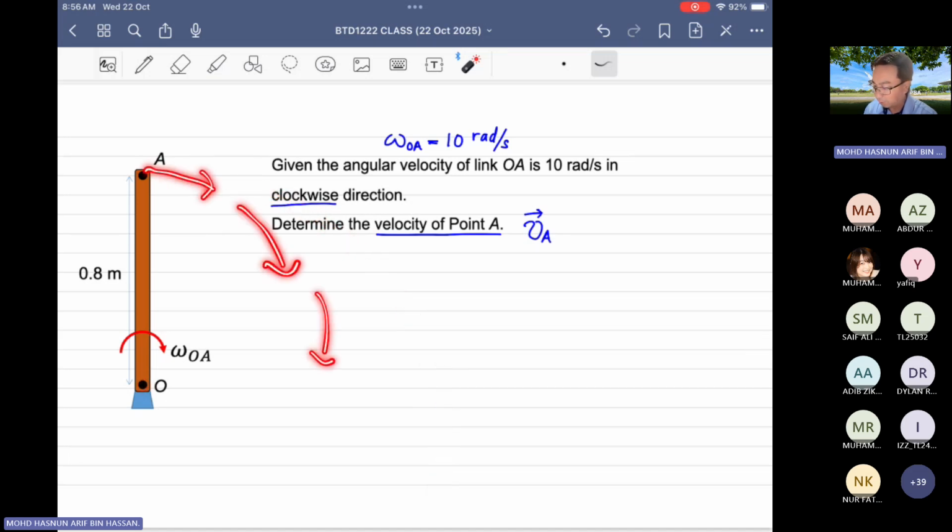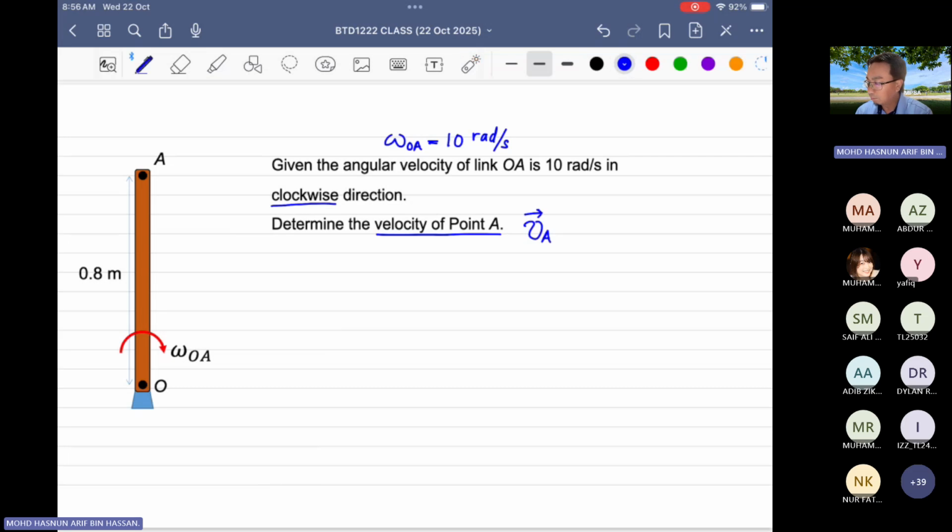But if you cannot imagine that, let's draw the position vector first. The position vector always starts from the origin, which is now point O, and it is pointing towards A. So the position vector will start from O, pointing to A. Draw this, and this will be RA/O.